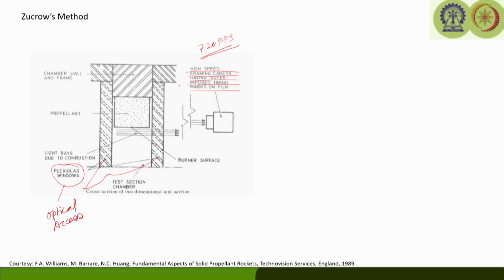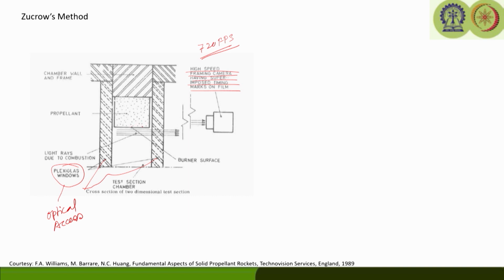Similar experiments have been conducted by other researchers following Jucro's method, with a much faster rate of imaging and a higher frame rate, but this method is limited because only one sample is photographed, and the record timings also have to be synchronized with the other records during the run, like pressure upstream and downstream of the sample.